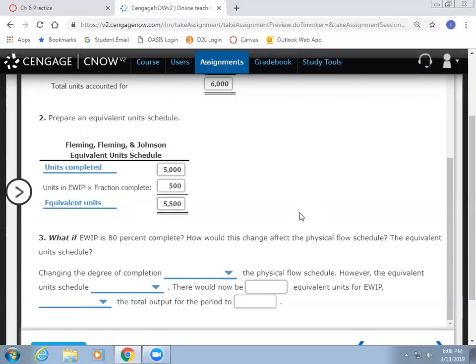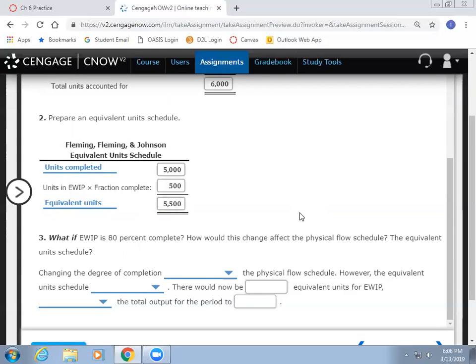They still need labor and overhead to complete. So there's still more costs associated with those 1,000 that are remaining. To calculate the costs for this period, that's why we do the equivalent units of production. We want to know how many units we could have done to completion with the resources we added this period. That makes sense?